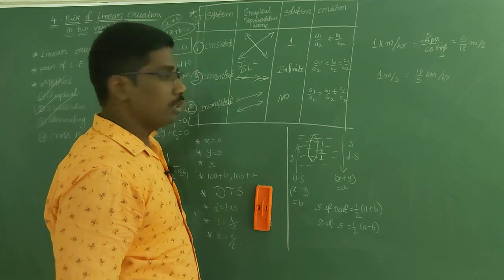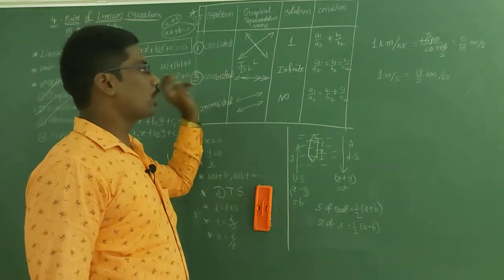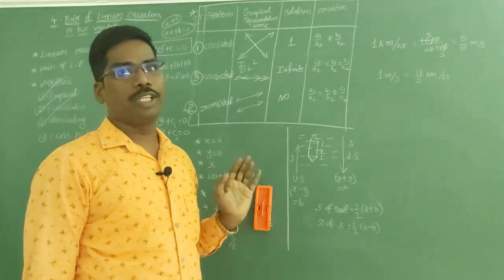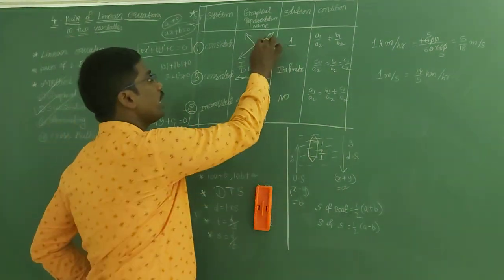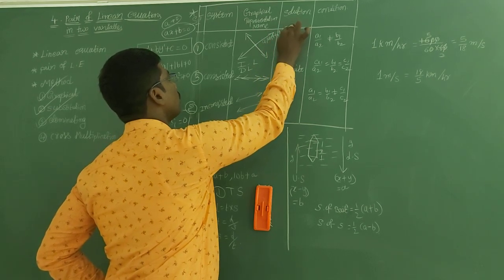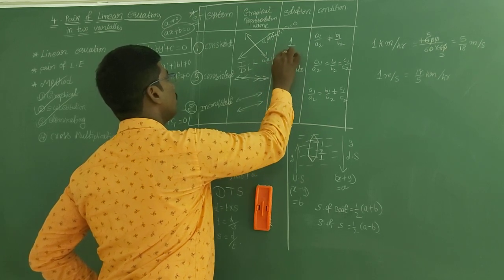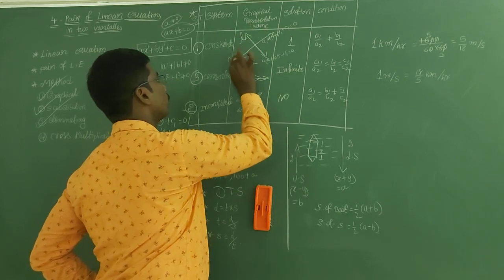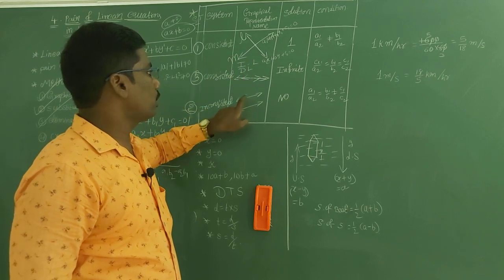For remembering only, I am saying first, second, third. So this is a1x plus b1y plus c1 is equal to 0, and this is a2x plus b2y plus c2 is equal to 0. This is L, this is M, this is also LM, this is also LMN.